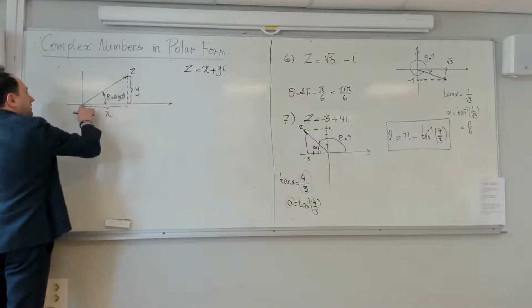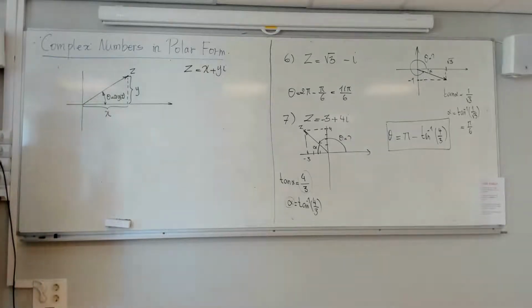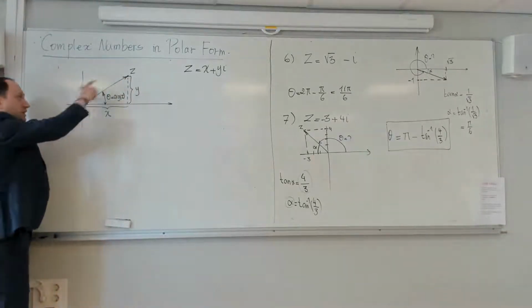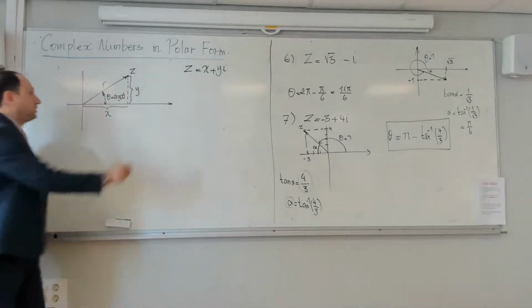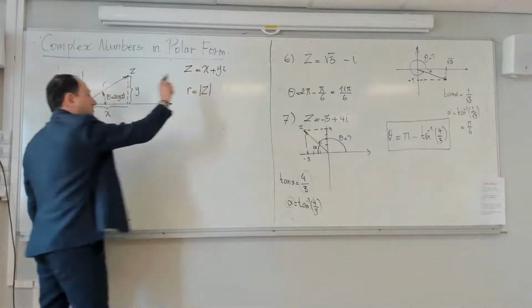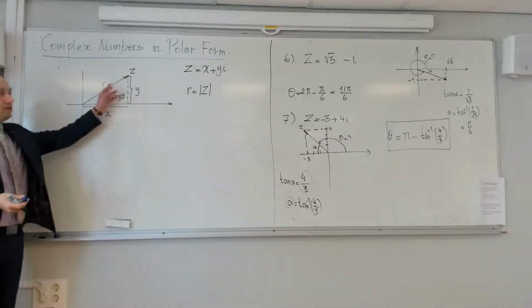We had it in the previous session. What is this length called? Yes, the absolute value, or the modulus. So the distance from any complex point to the origin, which we denoted by r here. R is the length or the magnitude or modulus or absolute value of this complex number, okay?